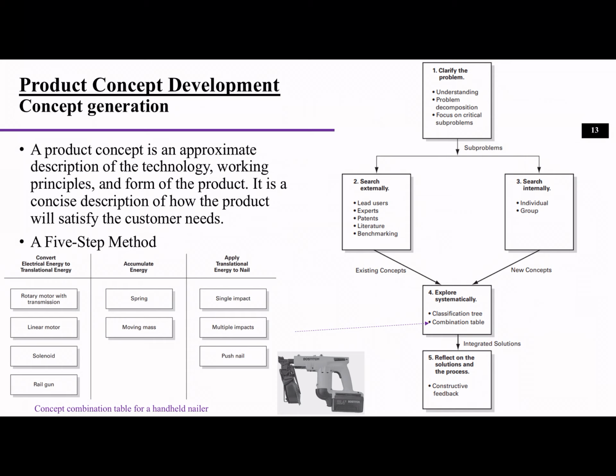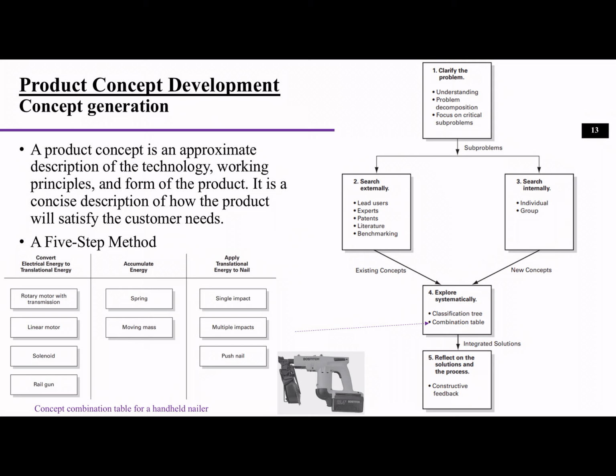And then after we collect all these concepts, existing concepts and new concepts, we'll have to explore systematically, for example, come up with a combination table. You can see one example of the combination table at the bottom left corner here.